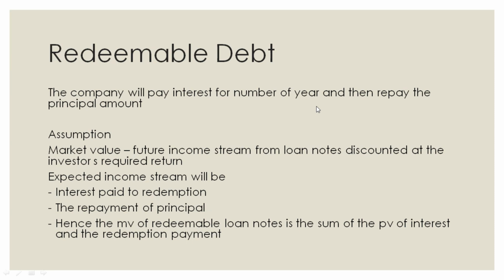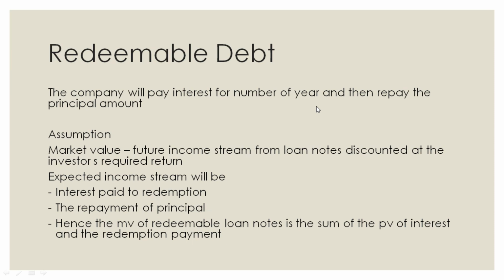When we are calculating the cost of debt of redeemable debt, we assume two things. First, the market value is very similar to the first one. Future income streams from the loan notes would be discounted at the investor's required rate of return, meaning brought back to present value.